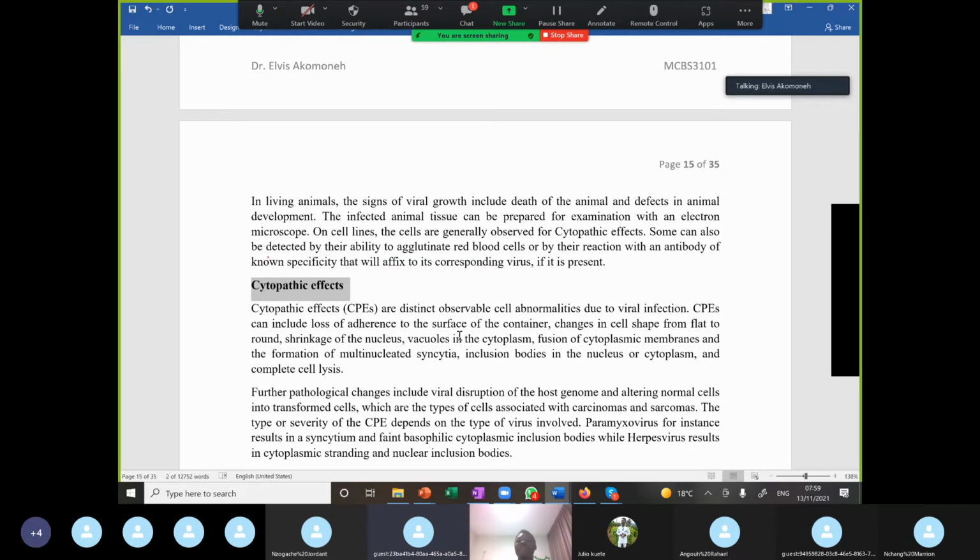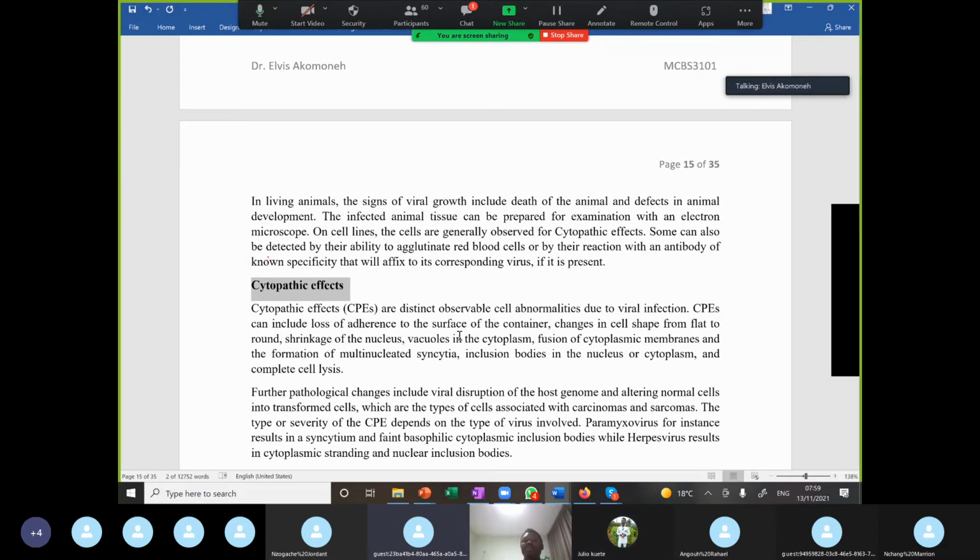The shape of the cells could change, a normal flat cell becomes a rounded cell. The nucleus could shrink in size and could have so many vacuoles present in the cytoplasm. The cytoplasmic membrane could fuse with the nucleus, forming what we call a multinucleated syncytia.